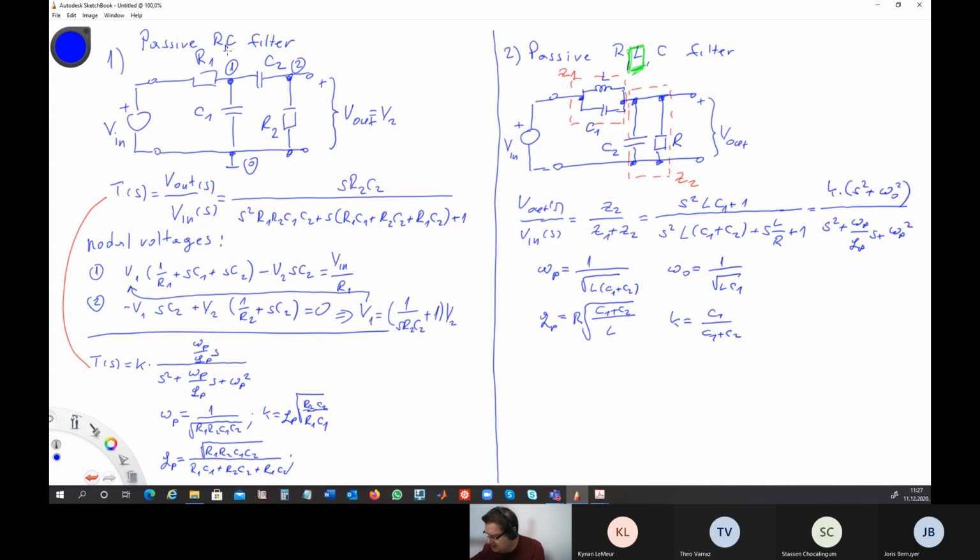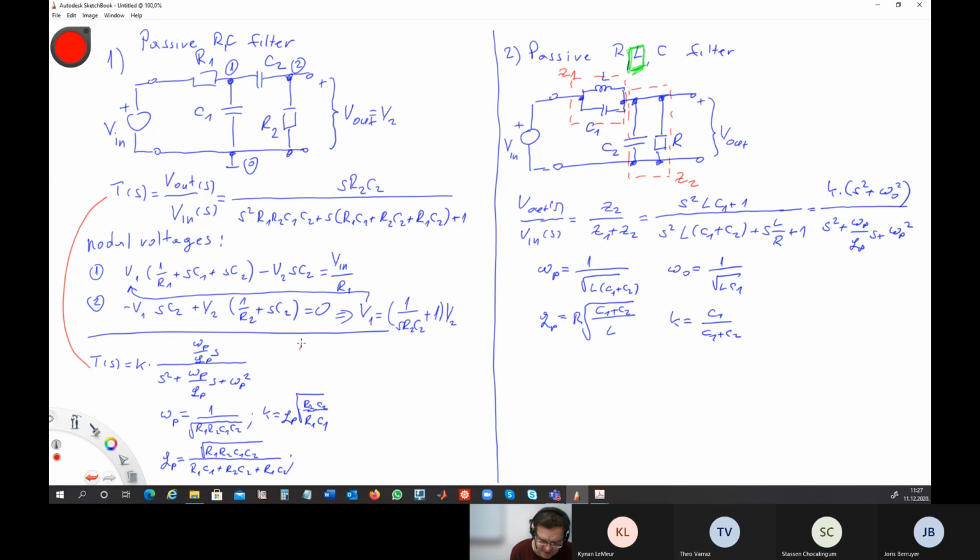If we look at the first example, we will have to try to find the position of the poles. But before all, we try to calculate how it looks with the value of QP. I will change the color.